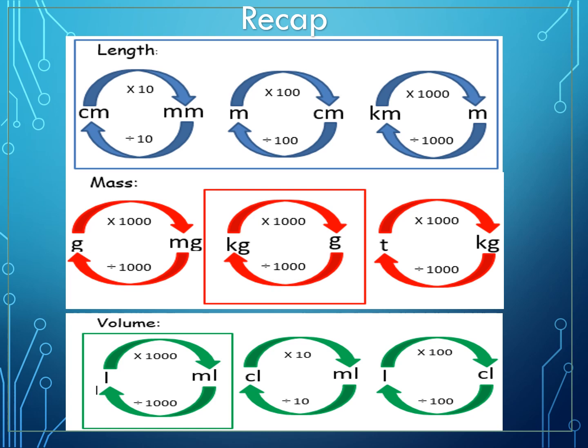It's very important that you look at this chart and understand how to convert from one unit to another. The standard base unit of mass is gram, and from gram you get kilogram, milligram, etc. And from the standard base unit of volume, which is liter, what you do to get centiliter and milliliter is very important.